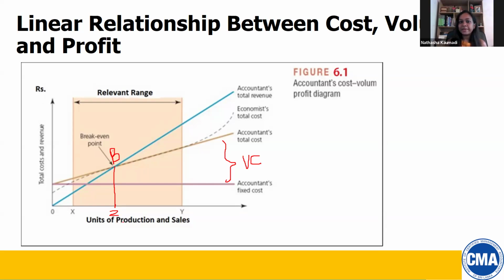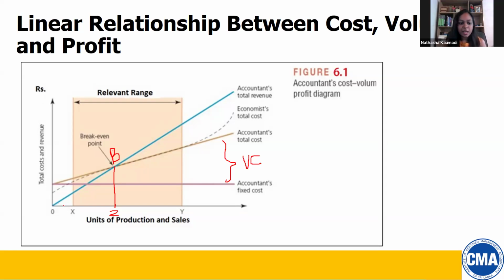I have drawn that line from point B down. Z means the break-even quantity.